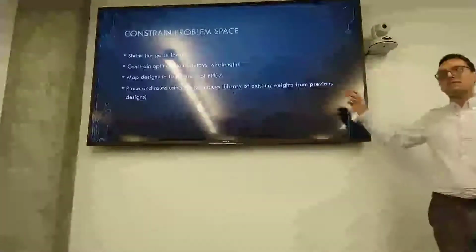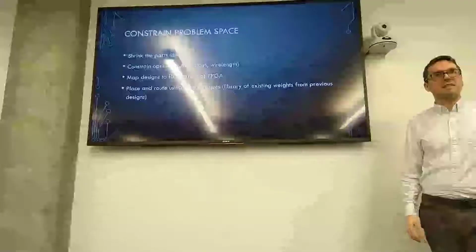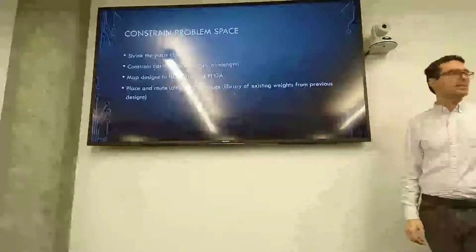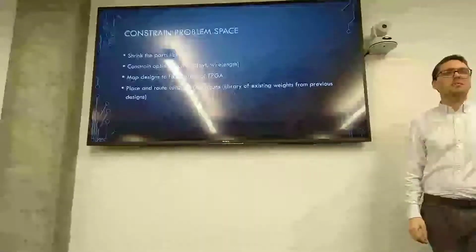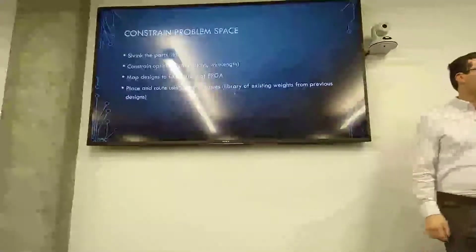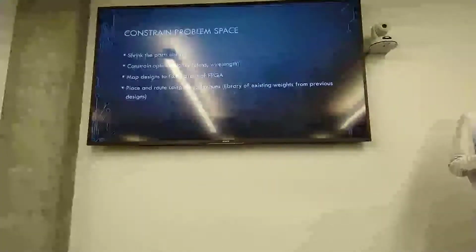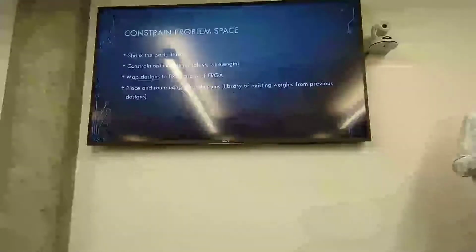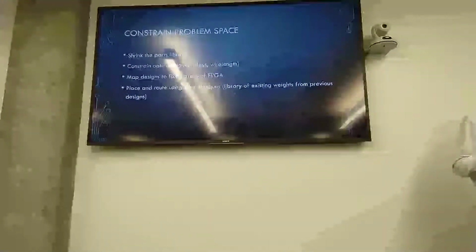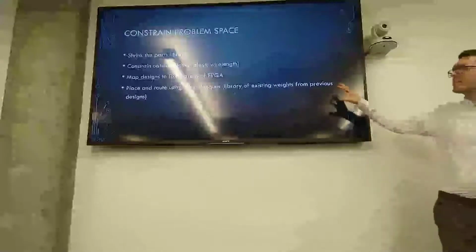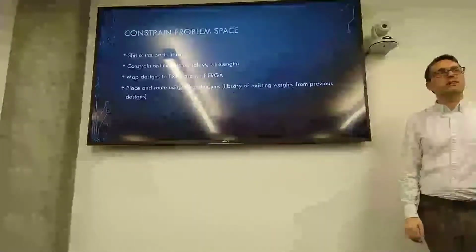The other main thing that I'm going to use as a technique to make this actually feasible within half a semester is to shrink the problem quite a lot. So I'll only be supporting one part. I'll constrain the optimizations that I want to do to just delays and wire length. I will map the designs to a specific area of the FPGA.